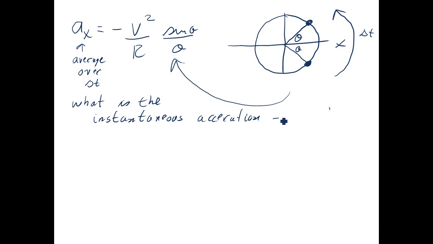Which basically means, what if we take delta t and get it really close to 0? What that means is we're going to look at it where we make these angles really small. Notice if theta gets smaller and smaller, then our time to go from here to here lessens.